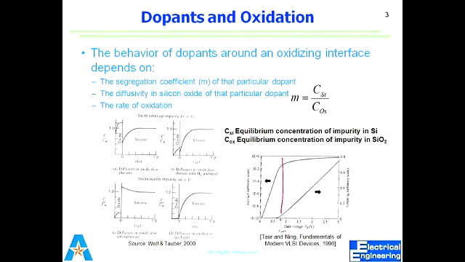And the third and last reason is the rate of oxidation at the silicon and silicon dioxide surface. When we grow an oxide layer, if you remember from the last lecture, does this surface remain constant or does it change? It changes. It goes down inside the silicon.